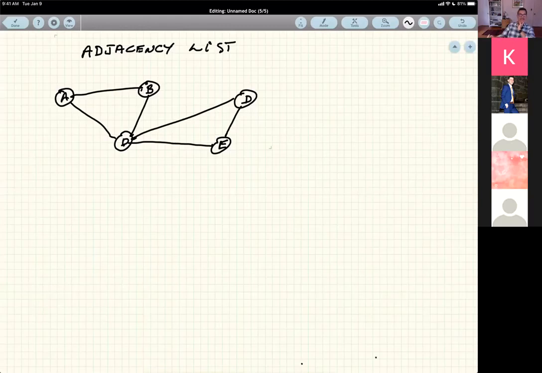So what is an adjacency list here? We said vertices are adjacent when there's an edge that connects them. So for vertex A, what are the adjacent vertices?